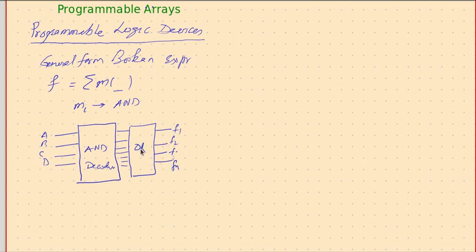So that was to be built as per requirements. But can we have something in general form and still can be tailor made? Yes, that is possible, which we call programmable.